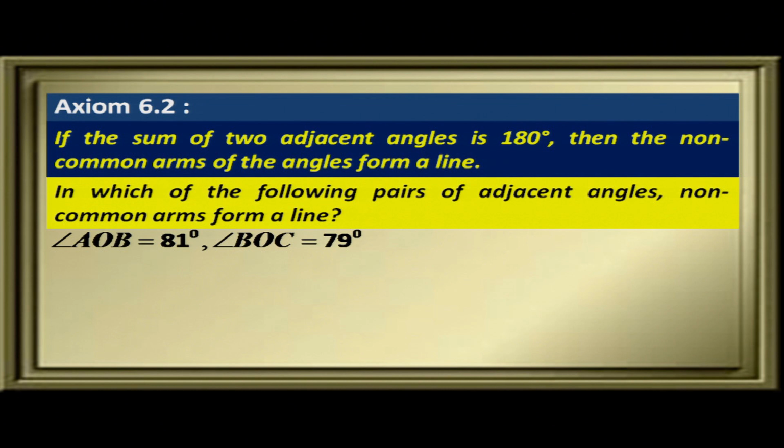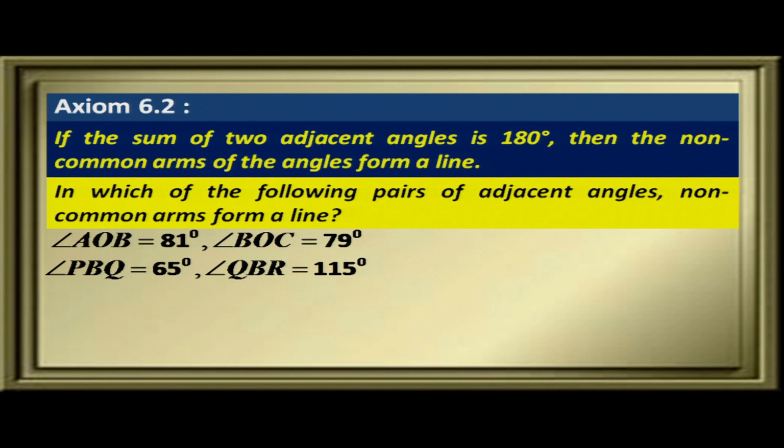Here the common vertex is O and the common arm is OB. Non-common arms are OA and OC. Now you see, the sum of the angles 81 degree and 79 degree is 160. So, as the sum is not 180, the non-common arms will not lie on the same line.